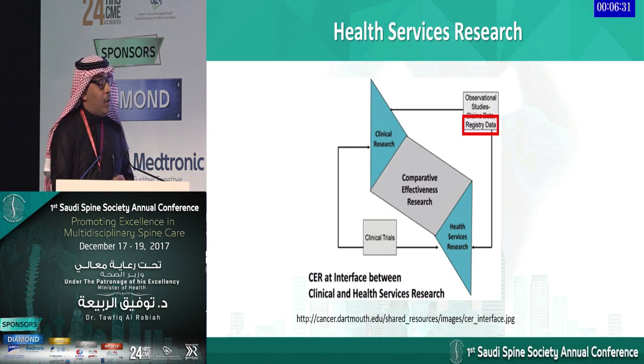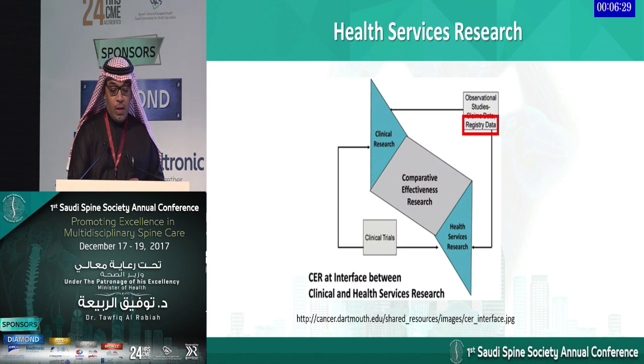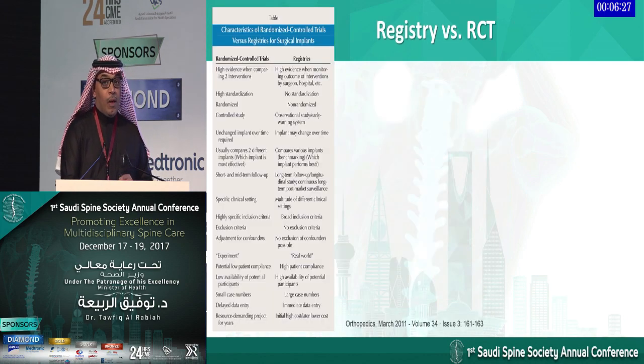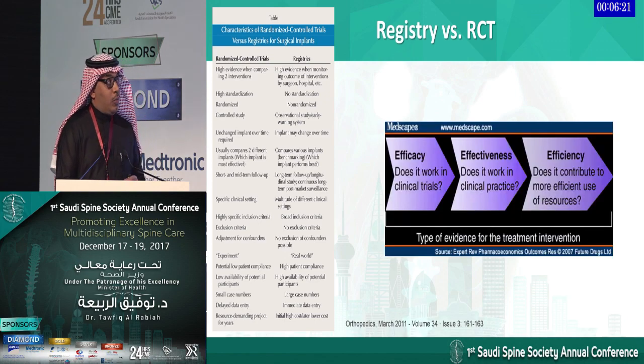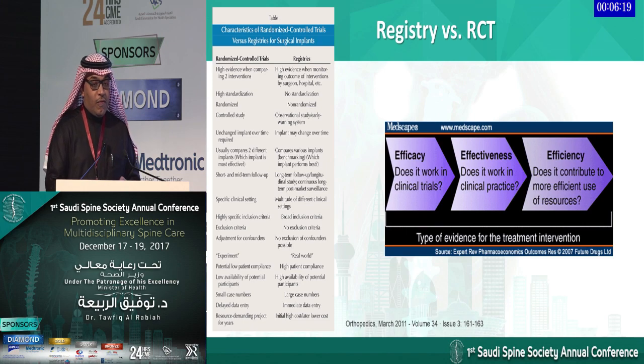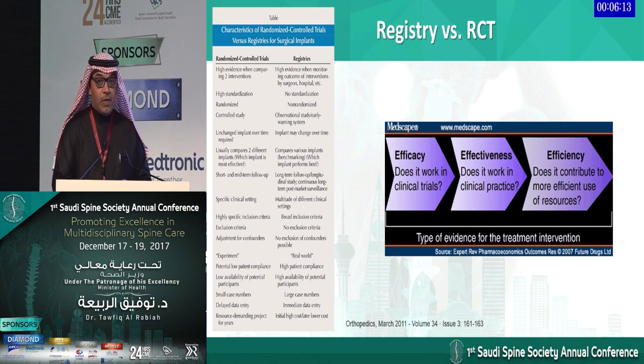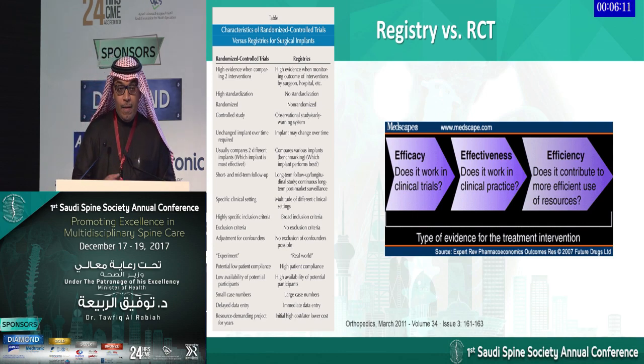And you can see here registry data as a cornerstone of the health services research. We know that the randomized clinical trial is the gold standard of clinical research. However, usually we start with efficacy studies to see, does this really work in clinical trials? And then we go to effectiveness: does it work in clinical practice?